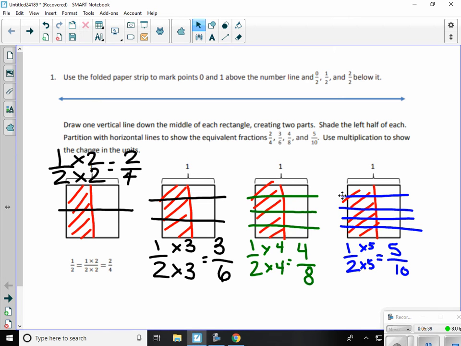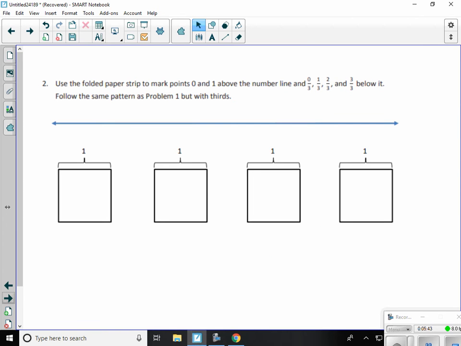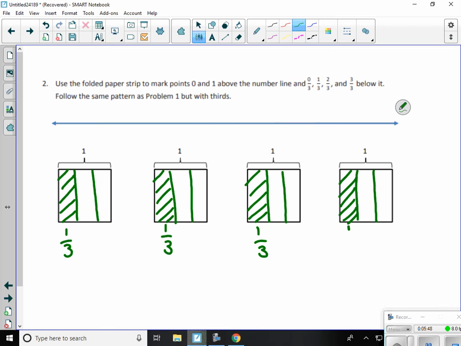Okay. So I want you to turn each 1/3 into a different equivalent fraction. Each one. Then I'm going to call on you to give it to me and tell me what you did to turn it into an equivalent fraction.